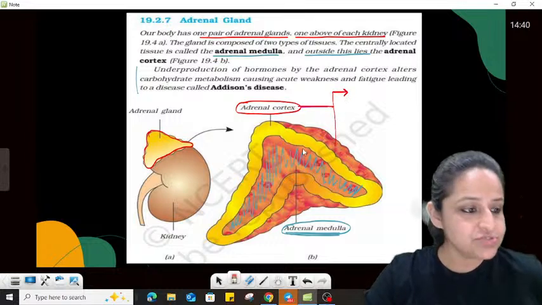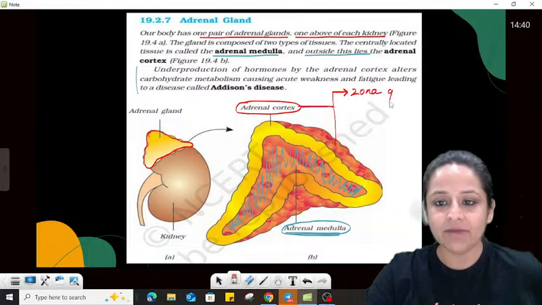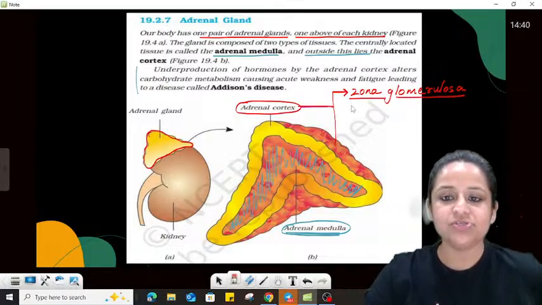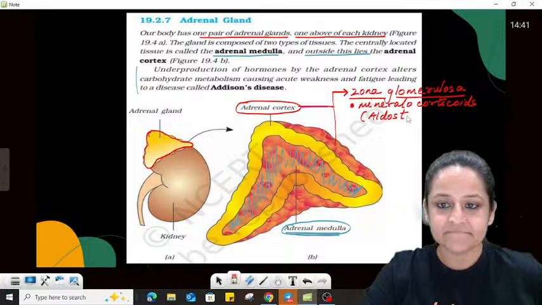The outermost layer is called zona glomerulosa, and it produces a type of hormones called mineralocorticoids. The main mineralocorticoid is aldosterone.